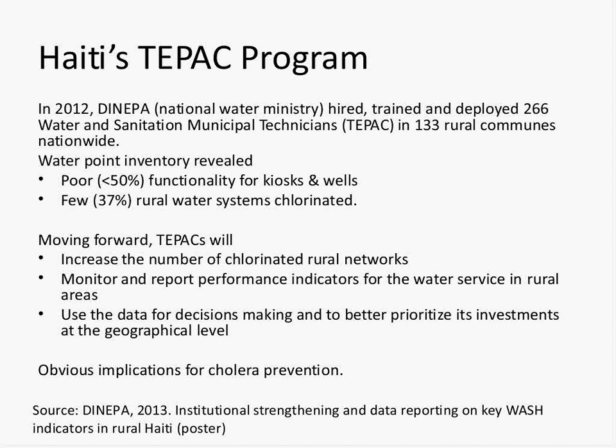So these maintenance folks, some people might have heard of the idea of water mechanics associations or circuit riders, this is similar to that, where they will go around and work with the rural communes to make sure that water is being chlorinated, try to help them with technical issues and access to supply chain for chlorine and maybe the actual chlorinators, the chlorine dispensers. They will report these indicators back up to the national level, which they can use for planning and better prioritizing of investments.